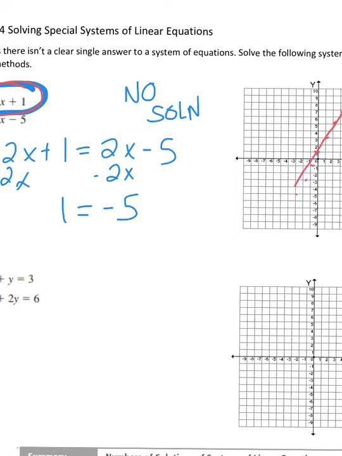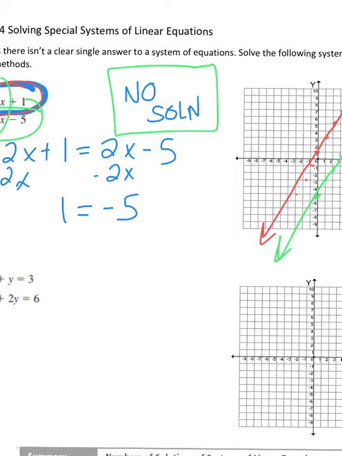So if I connect the line right here and graph the second line starting at negative 5 and go up to the right 1, when the slopes are the same, so you have the same slope and different y-intercepts, you're going to get no solution when you graph it. When you're solving and you get a false statement, it also is going to be no solution. So you could solve by elimination or substitution.